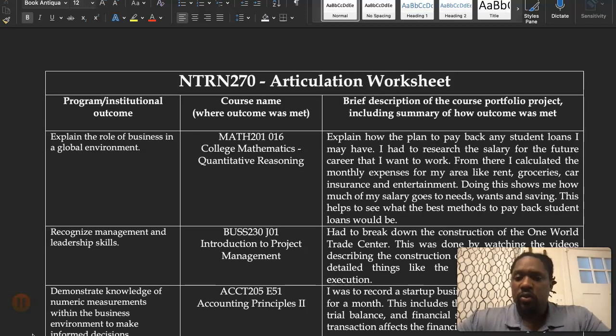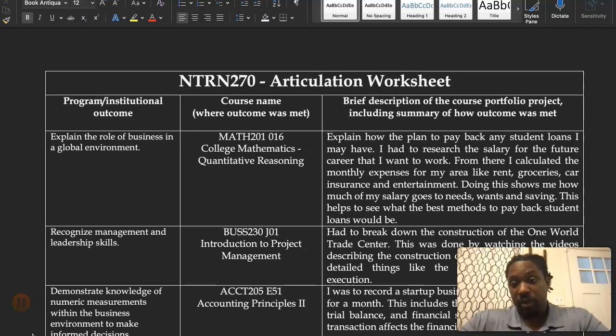I had to research the salary for a future job that I may have. From there, I had to calculate the monthly expenses for things like rent, groceries, car note, car insurance, and entertainment, things of that nature.